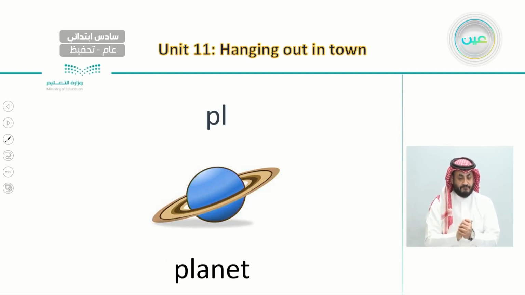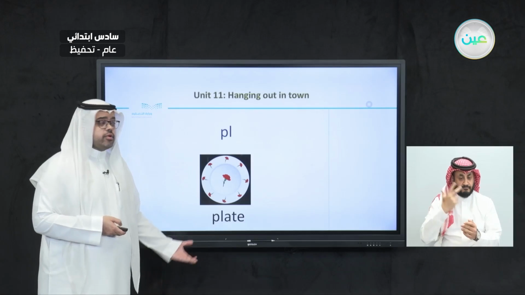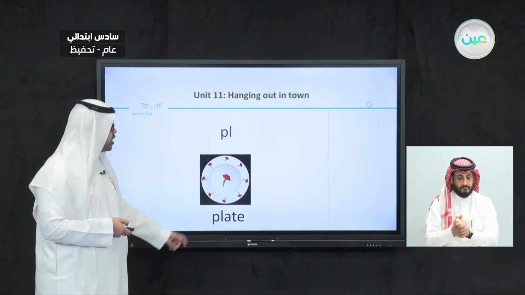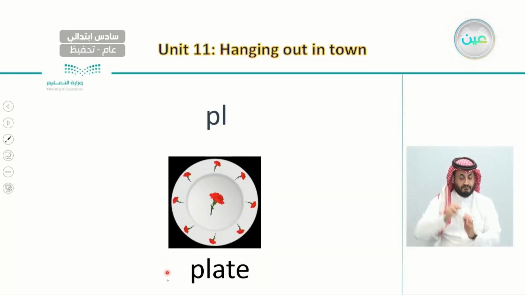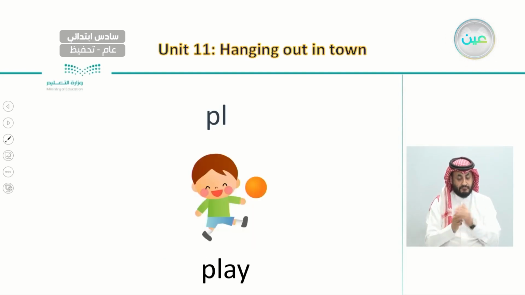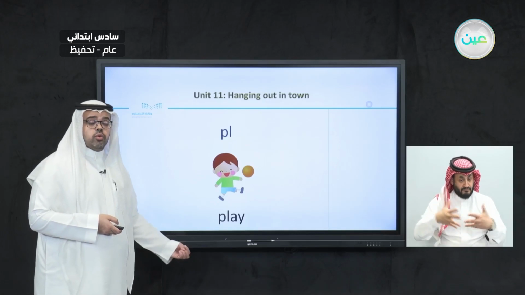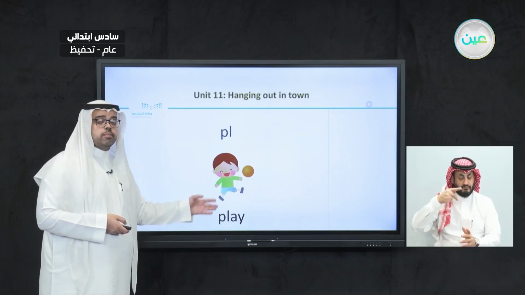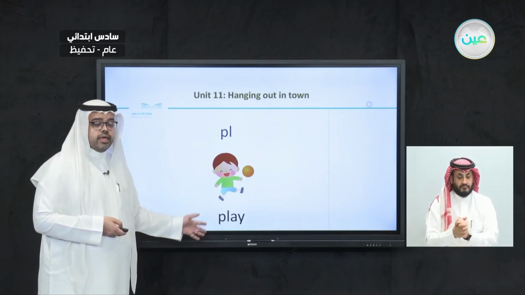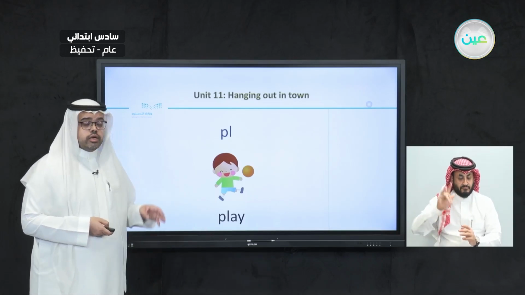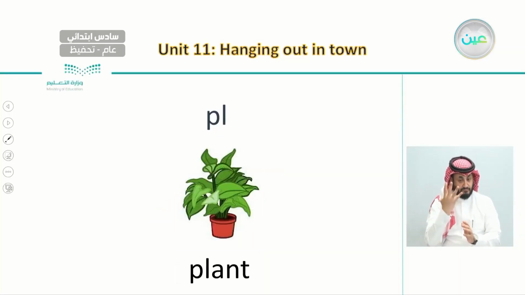And also the third word we have with this blend is plate. Plate. And the fourth word we have with this blend is play. Play. So here we have four different words with the same blend.